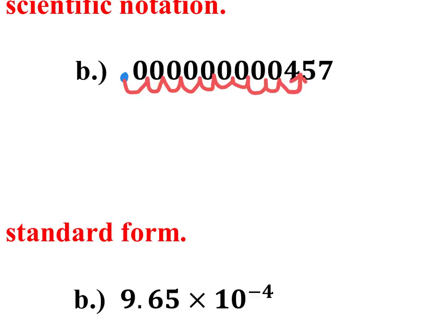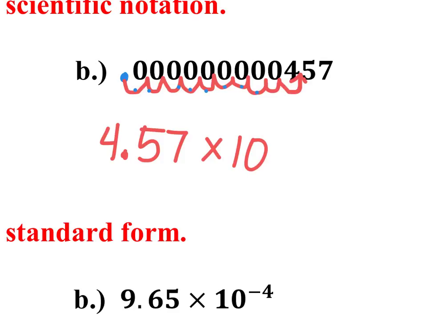Forget about them. 4.57 times 10, and we count how many times we moved. So let's count the little mounds. You're not counting these, like when it goes in between the numbers, you're counting the valleys, okay? 1, 2, 3, 4, 5, 6, 7, 8, 9, 10 times.